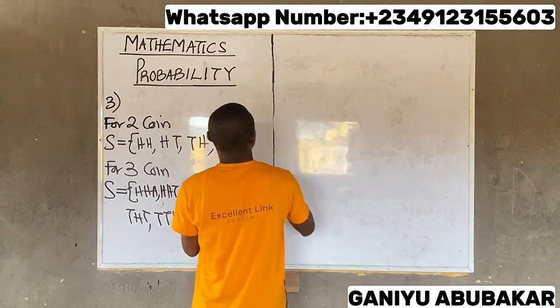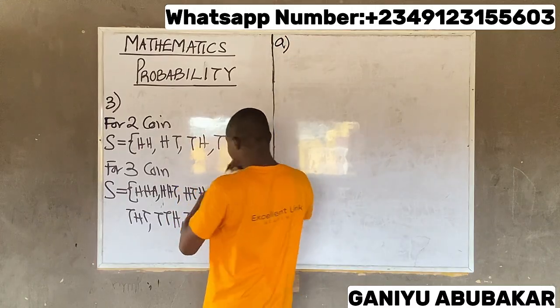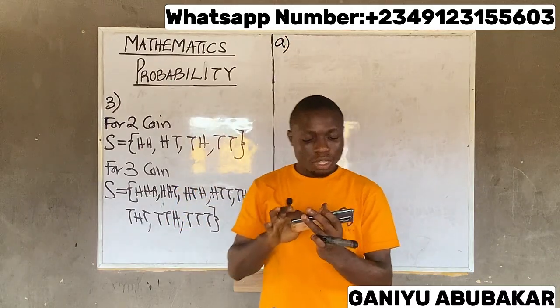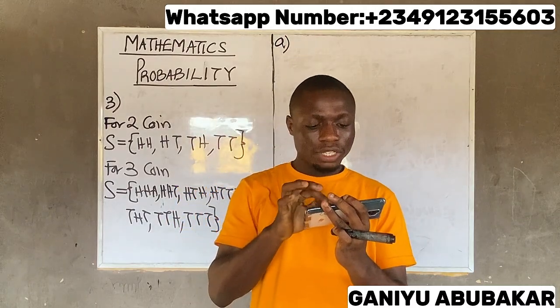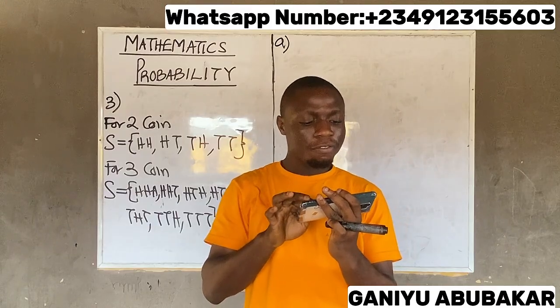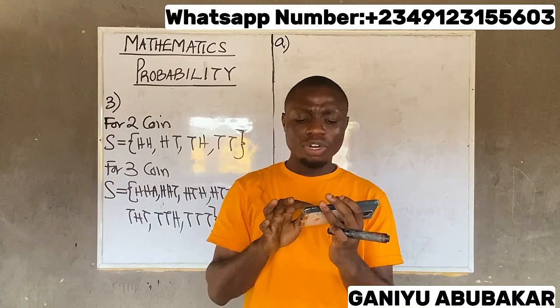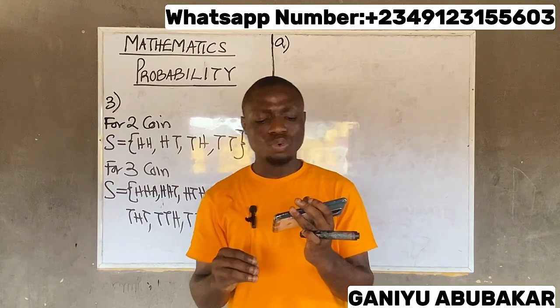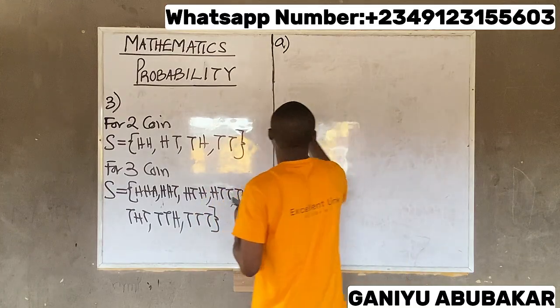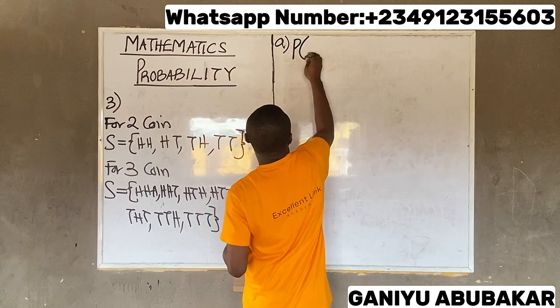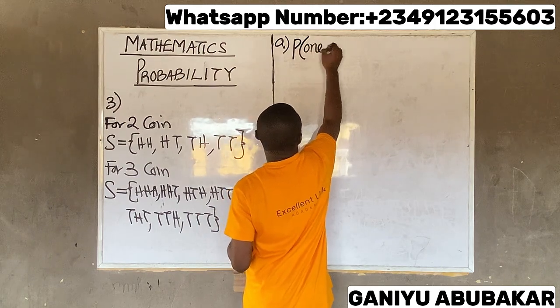Now, what's question A? If two fair coins are flipped, what is the probability of getting at least one head?